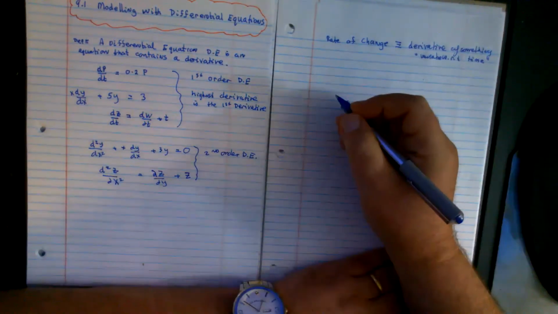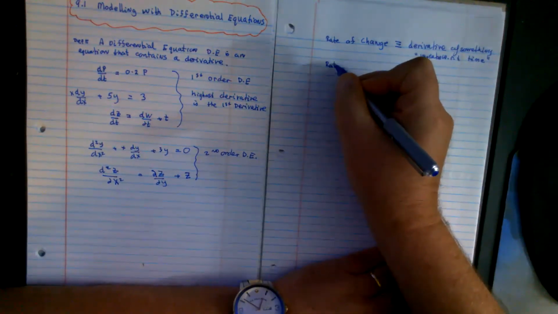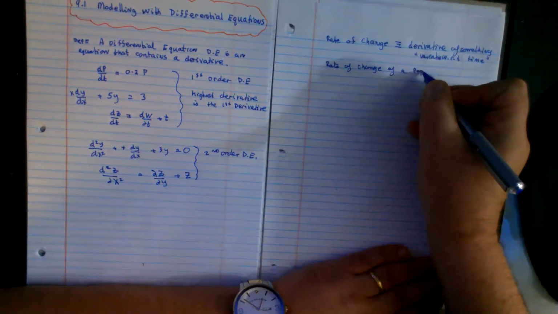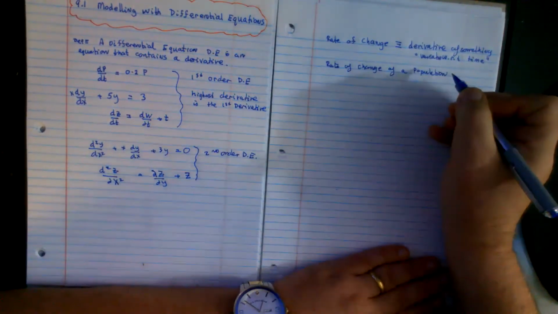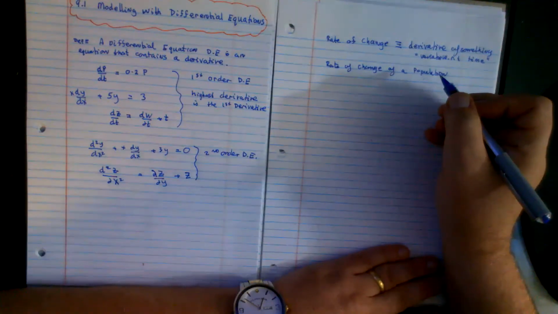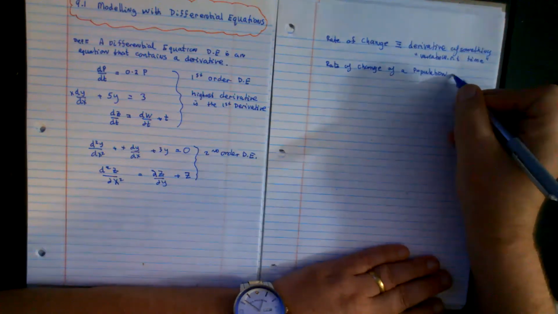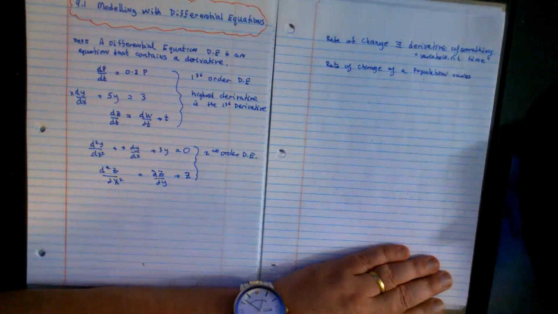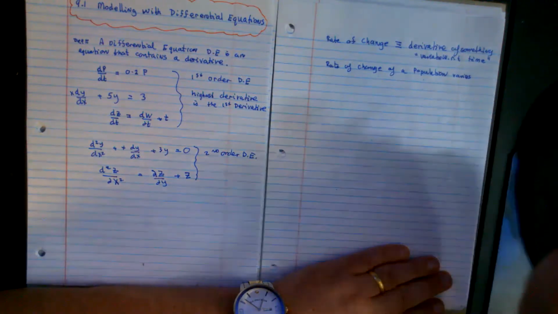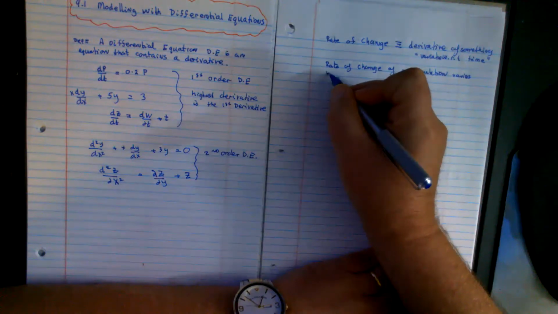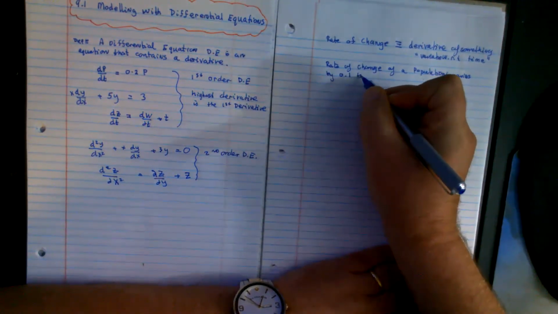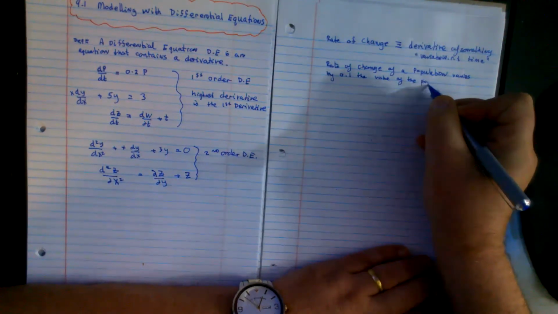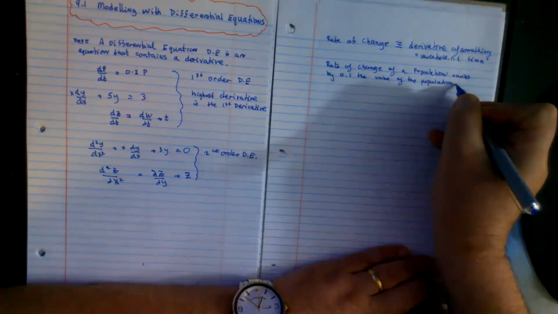So for instance, if you see the rate of change of a population varies by 0.1 the value of the population, I would create a differential equation something like this.